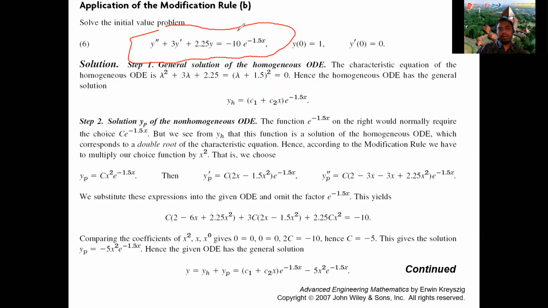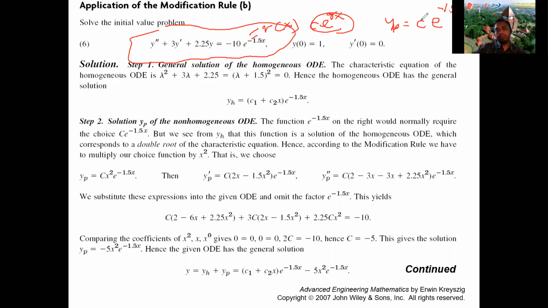So this is r(x), in the form of c e to the power of gamma x, so the solution will also take this form. That's why we choose, in the beginning, yp equal to c e to the power of minus 1.5x.